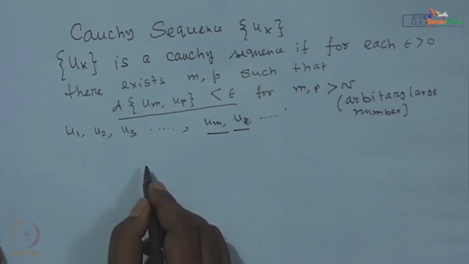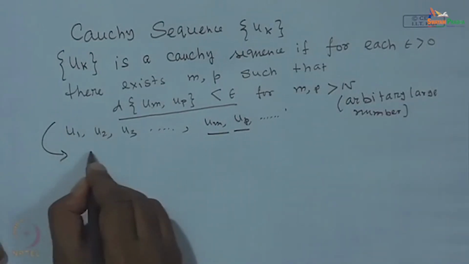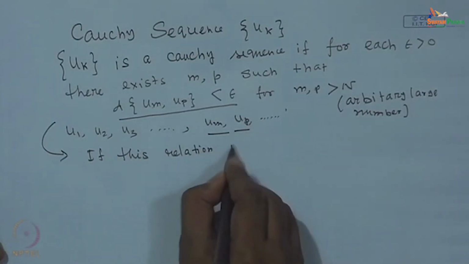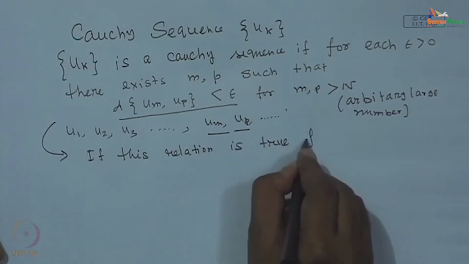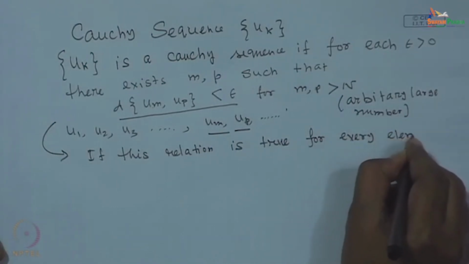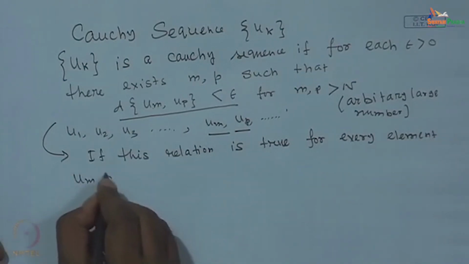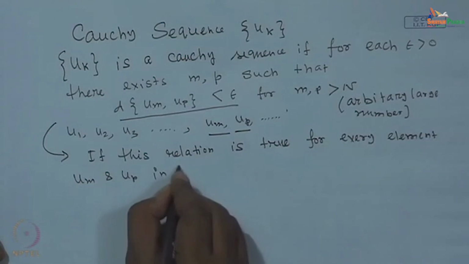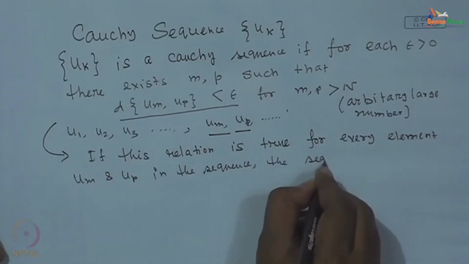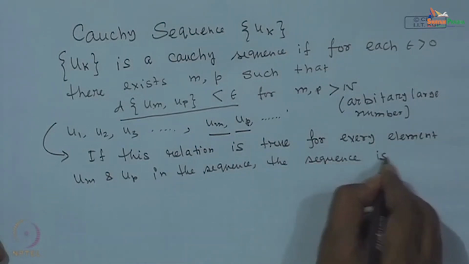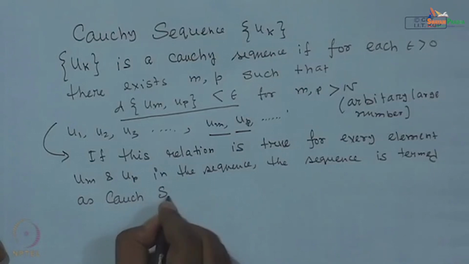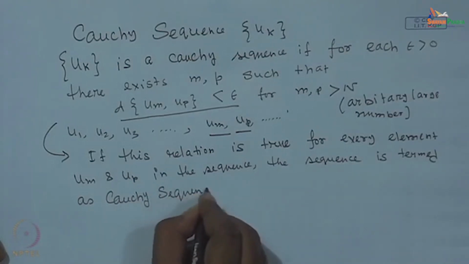Therefore, if this relationship is true for every m and p, for every element u_m and u_p in the sequence, the sequence is termed a Cauchy sequence.